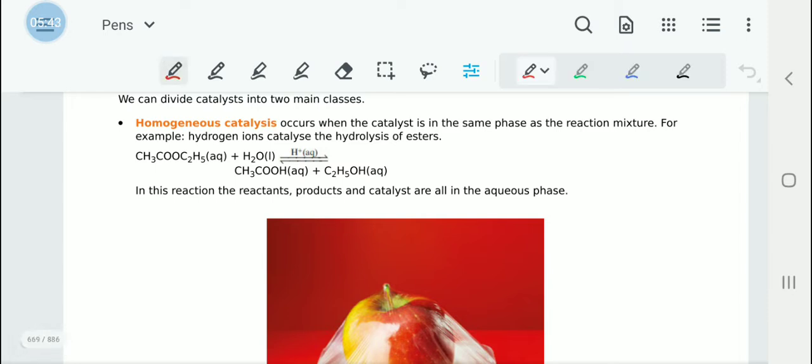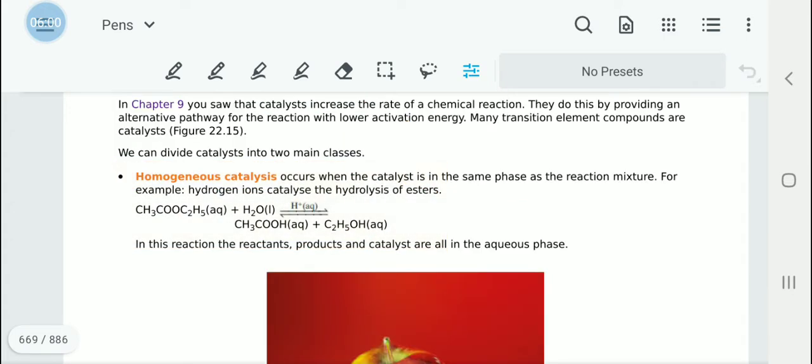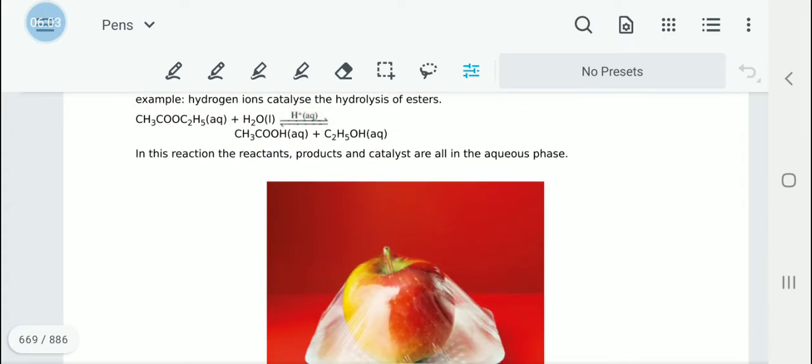Write this equation: CH3COOC2H5 aqueous plus H2O liquid, in the presence of H+ aqueous, giving you CH3COOH aqueous plus C2H5OH aqueous. Reactants, products and catalysts are all in aqueous phase.